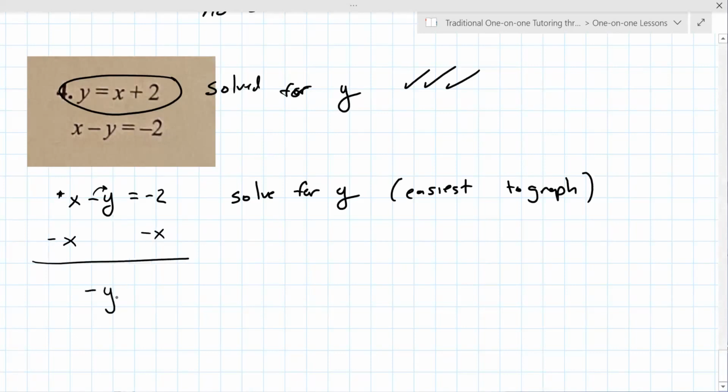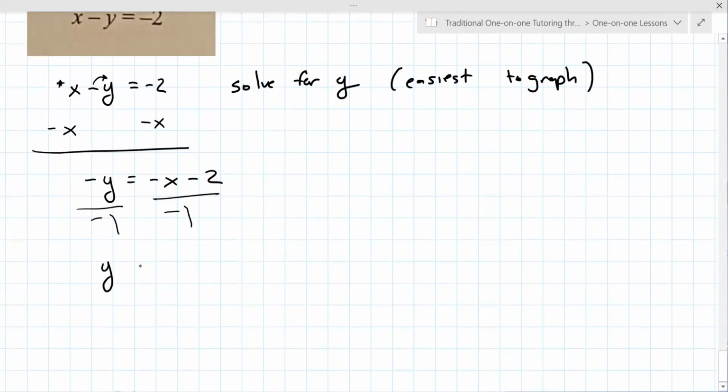So you get minus y equals minus x minus 2. And now you divide both sides by minus 1. So you get y equals x plus 2.